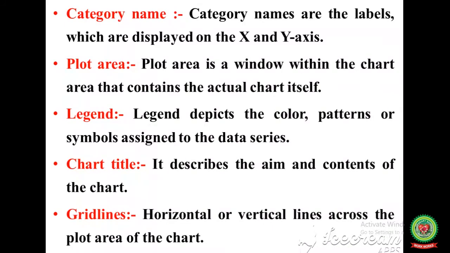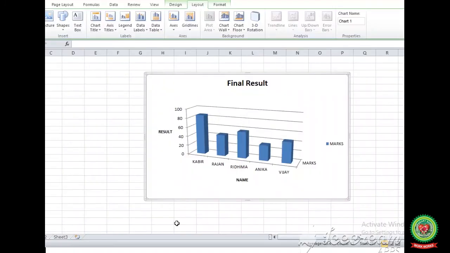Next component is legend. Legends are basically symbols, patterns, or colors that are used to show the drawn image inside the chart. Like here, these data series are used to show the marks.